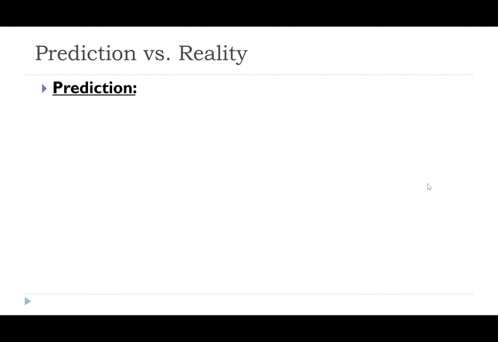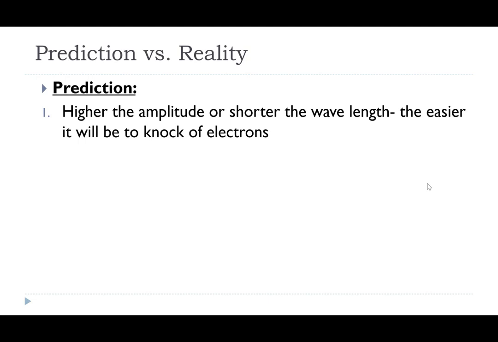If electrons do in fact behave like particles, we predict that the higher the amplitude or the shorter the wavelength, the easier it will be to knock electrons off. And I just misspoke.